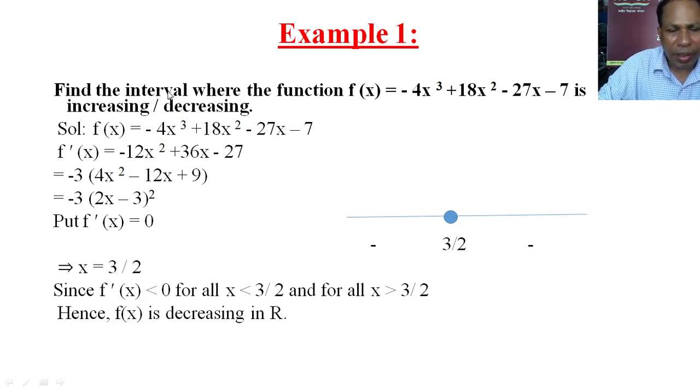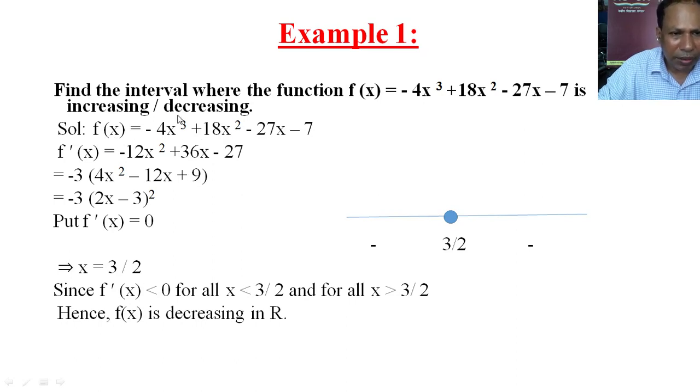Find the interval where the function f x is equal to minus 4x cube plus 18x square minus 27x minus 7 is increasing or decreasing. We have to find in which interval this function is increasing and in which interval it is decreasing. So for this we find the first derivative, f dash x.